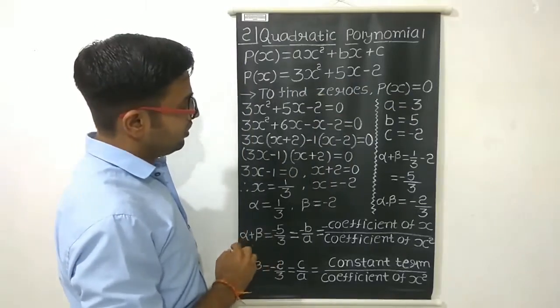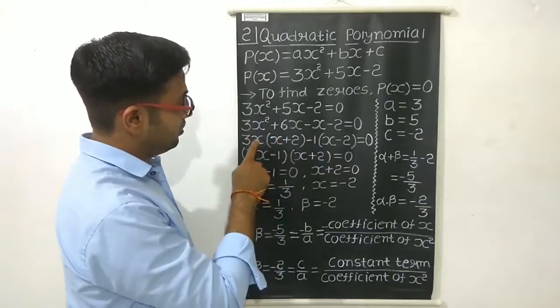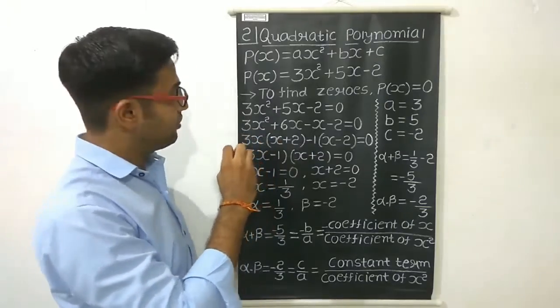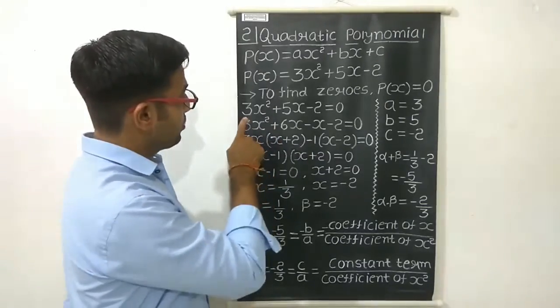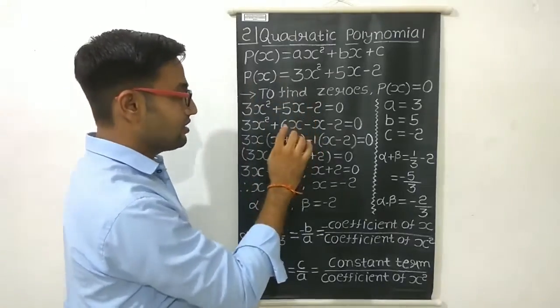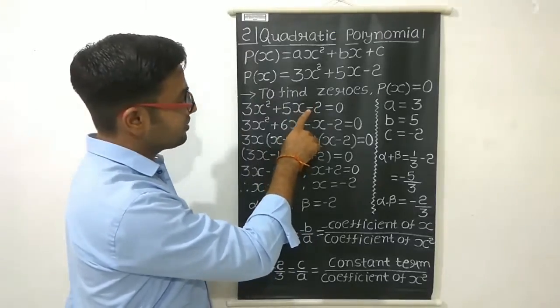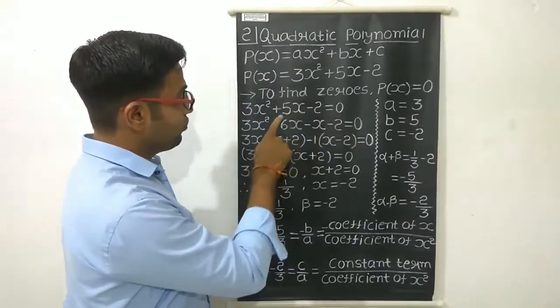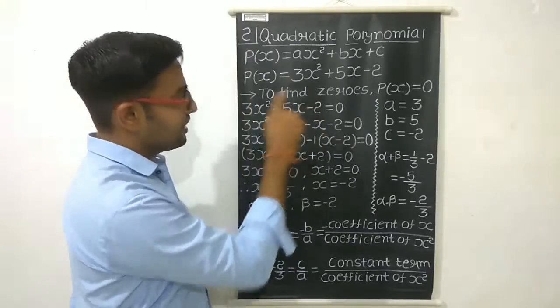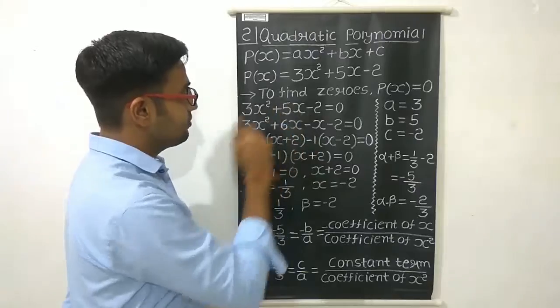Now to factorize this, what we have to do? We have to use the splitting the middle term method. 3 twos are 6. We have to factorize 6 such that the subtraction of the factors gives us 5. So we factorize 6 as 6 ones are 6, such that 6 minus 1 becomes 5.